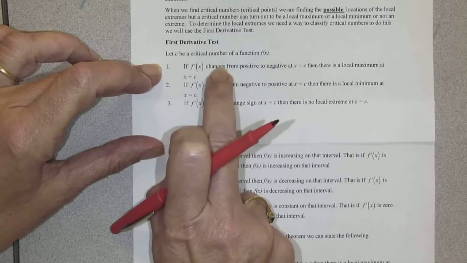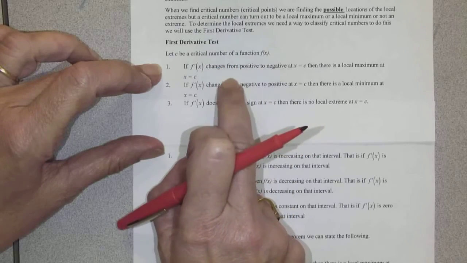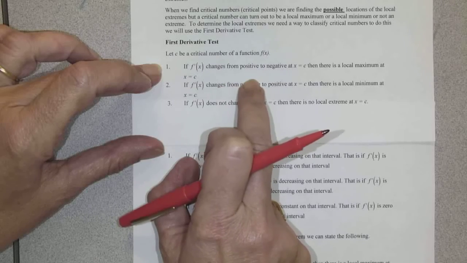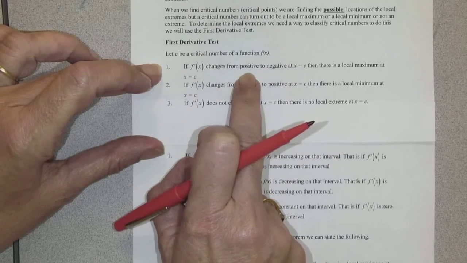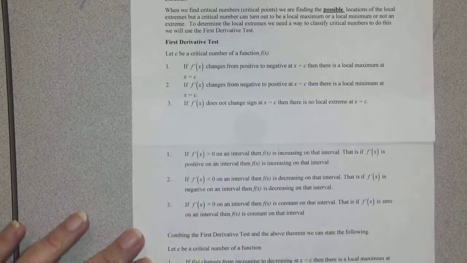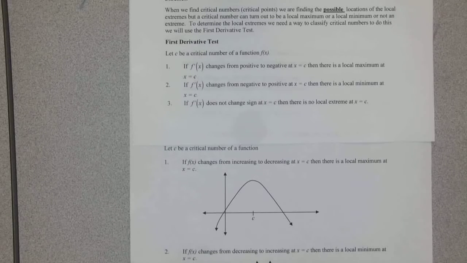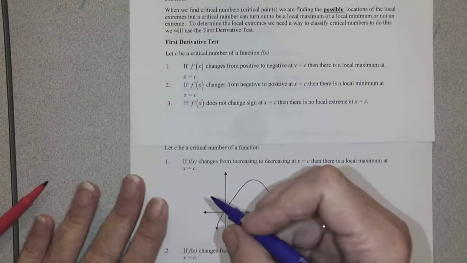So instead of saying derivative positive to negative, I could say function increasing to decreasing. So I could say this: if f of x changes from increasing to decreasing at x equals c, there's a local maximum there, because I can see that.